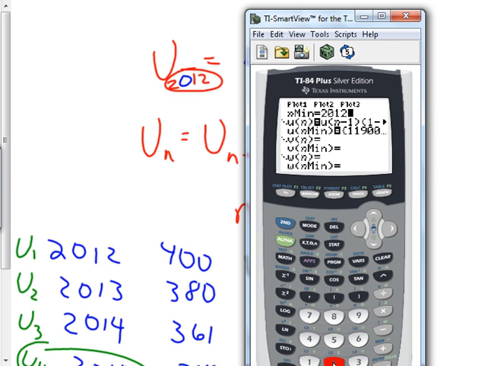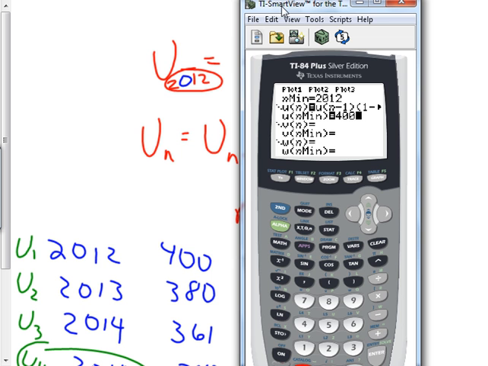2012, and then I go to 1 minus point, I'm going to go with 5%. Yeah, awesome, it's already in there. And then I start with 400 rabbits. Now the only complication is if I go to my table right now, my table probably isn't defaulted to start at the year 2012.